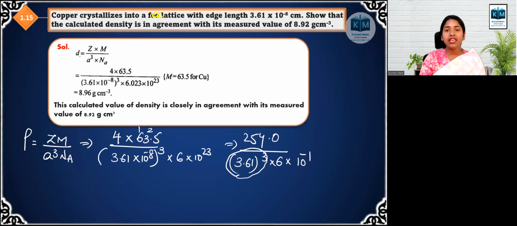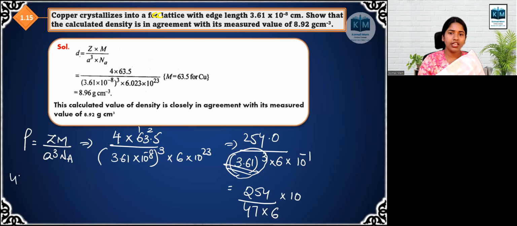Then bring this here and substitute. This value is around 254 divided by 47 into 6. This 10 power of minus 1 comes up, it will be 10.